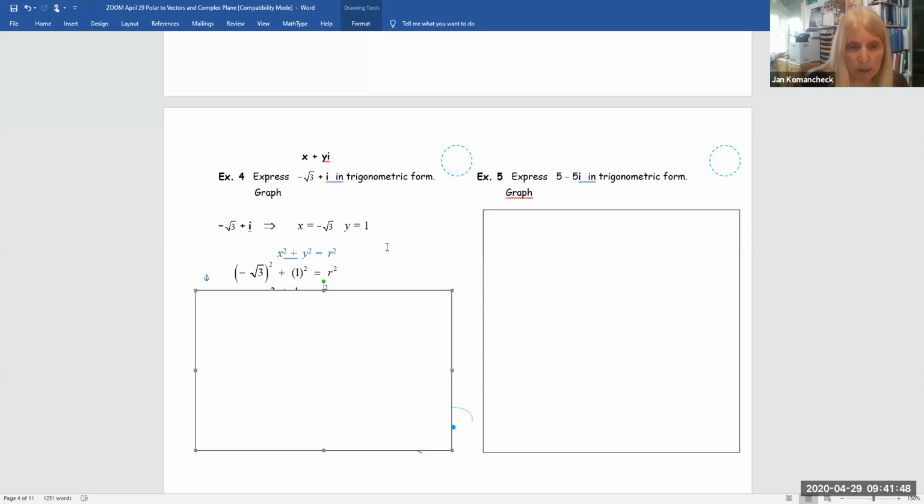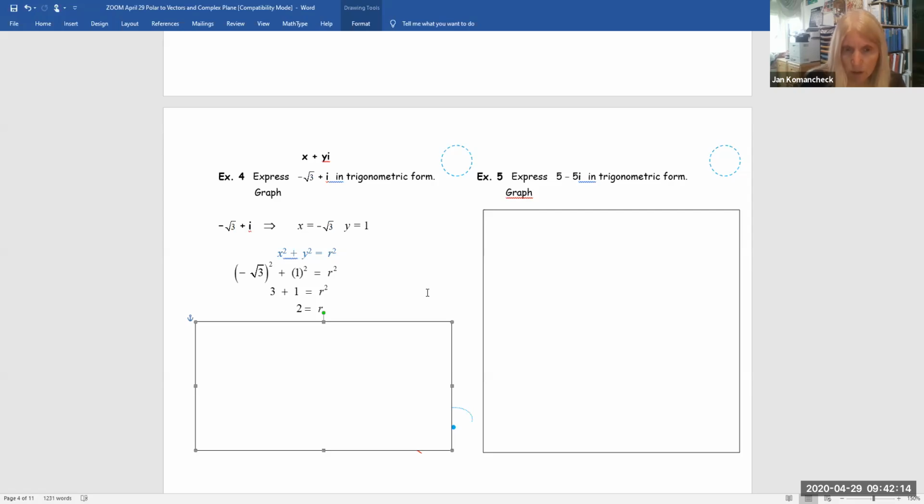Squaring negative radical 3 gives 3, and squaring 1 gives 1. 3 plus 1 is 4. I took the square root of both sides. I did not put a plus or minus sign because r is the length of my vector and the radius of my triangle. I never have r being negative. So r is equal to 2.